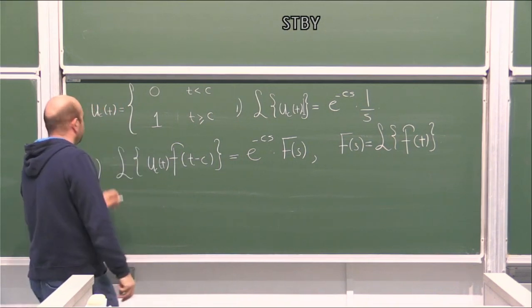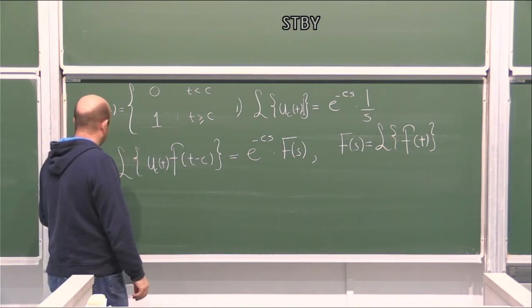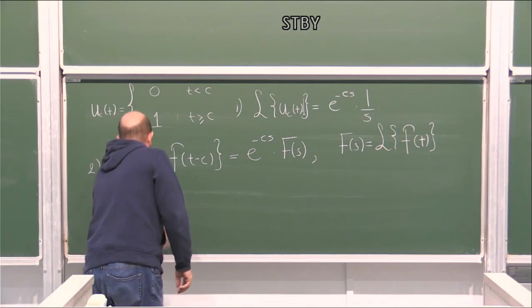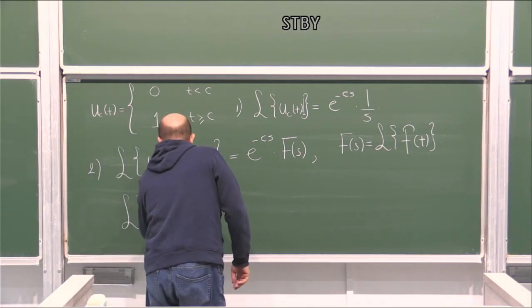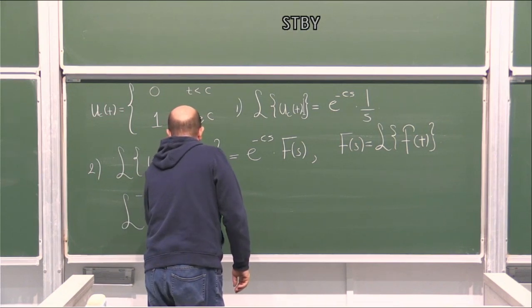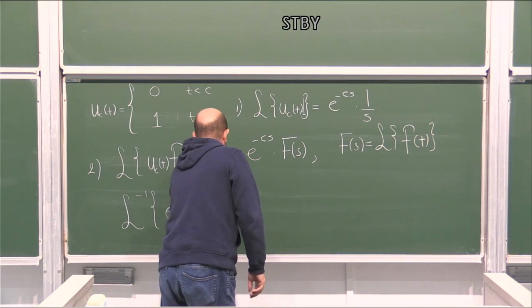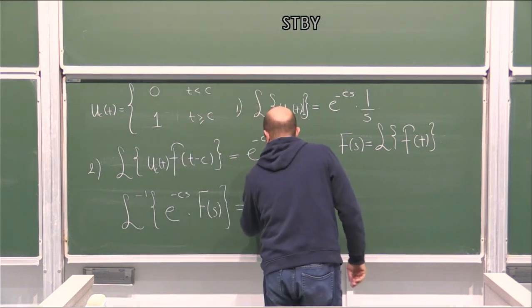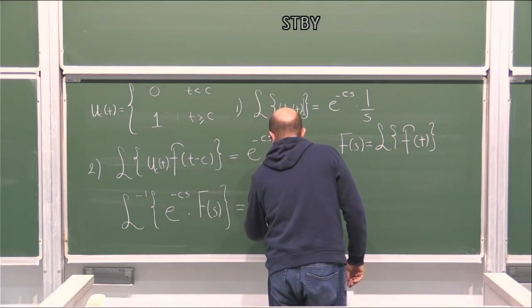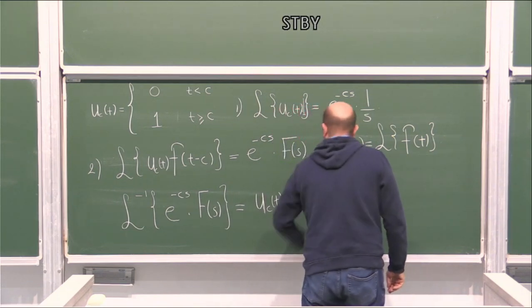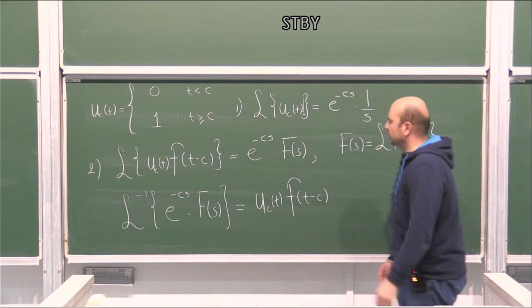As a result, we can do the inverse Laplace transform: if you have e to the minus cs times F(s), this is going to be u_c(t) times f(t minus c). This is what we are going to have.